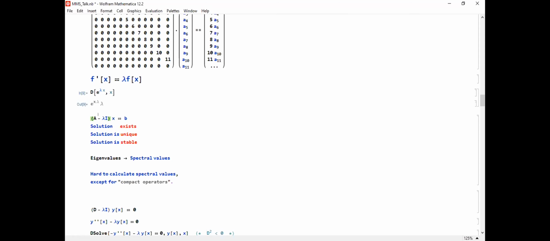There are spectral values for which the solution does not exist. There are spectral values for which solutions exist but are not unique. In fact, these are the eigenvalues; we still call these eigenvalues. And then there are spectral values for which solutions exist and are unique, but they're not stable. So this is the generalization that we get when we go to infinite dimensions.